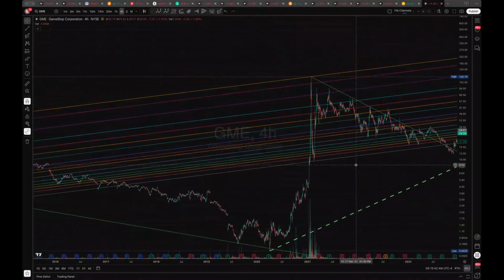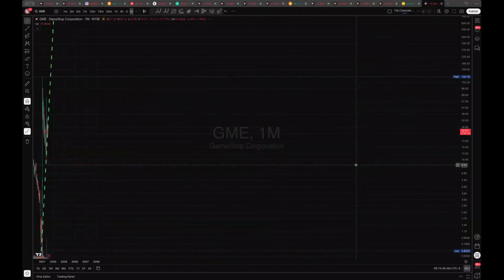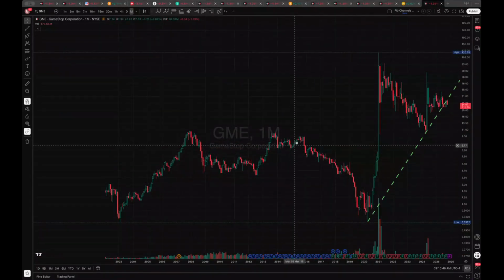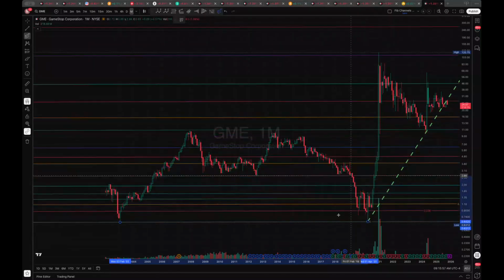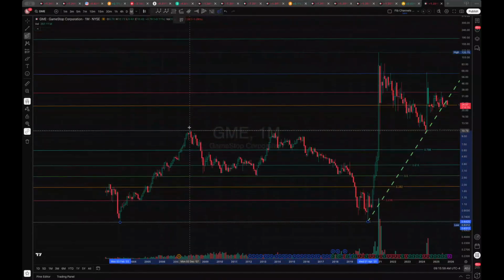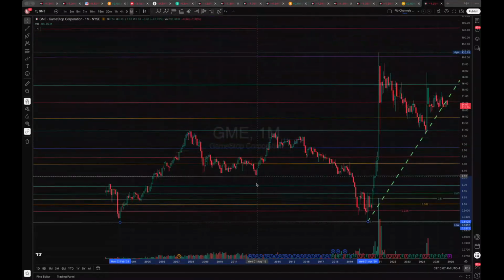And let me show you another example. So here we are, still adjusted for dividends on the monthly, and I'm going to do another fib channel. This one's real simple. Low, low. And then we can choose the previous all-time high in 2007, or I can go to that low in between.